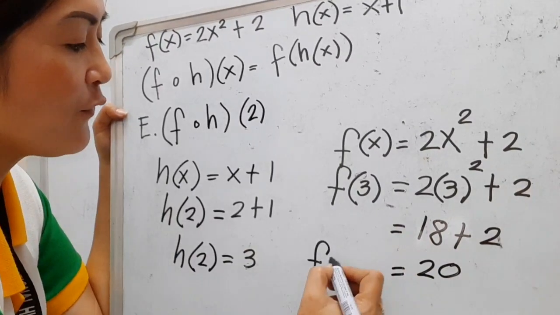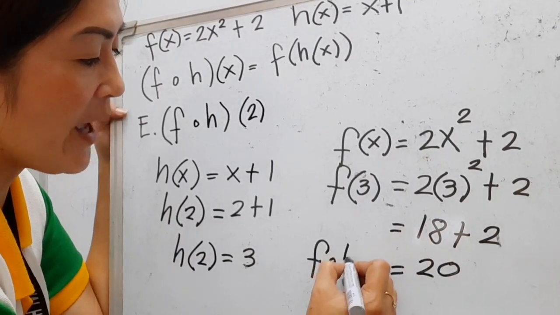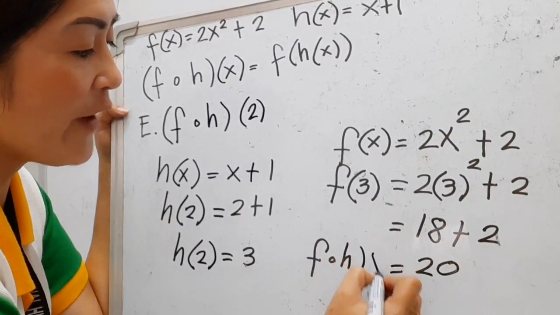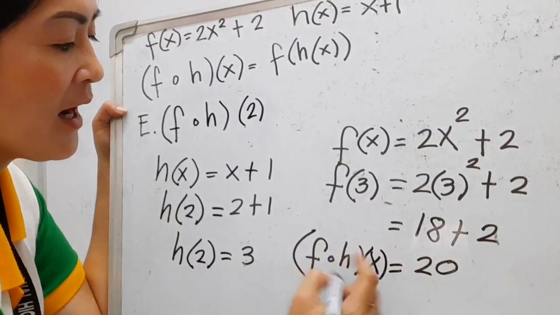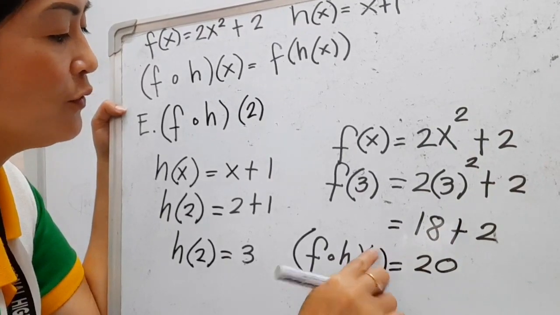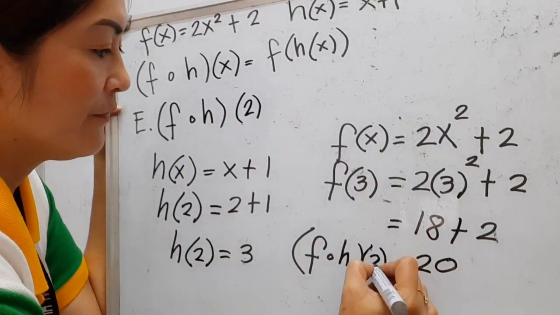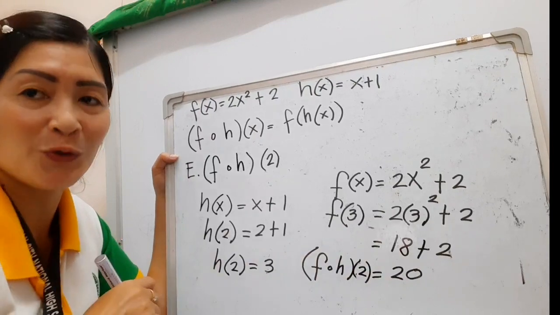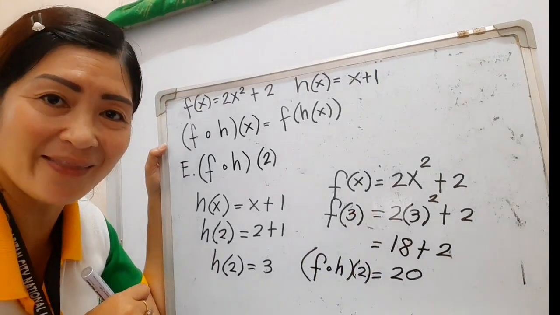So our f composition of h of x, or rather of 2, is equal to 20.